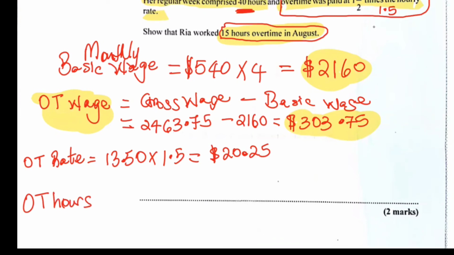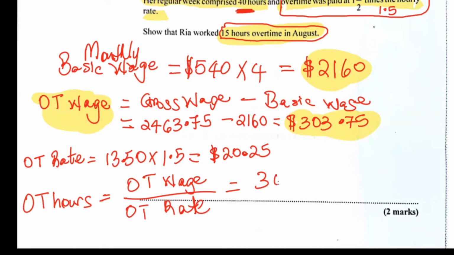So overtime hours is simply your overtime wage divided by your overtime rate, just like that. And this is going to be $303.75. And you want to divide that by $20.25. And you want to prove that you will get 15.